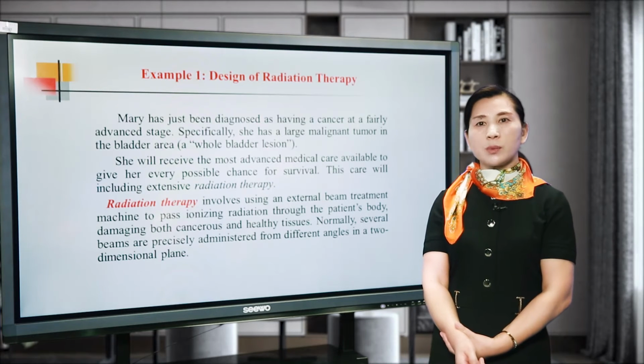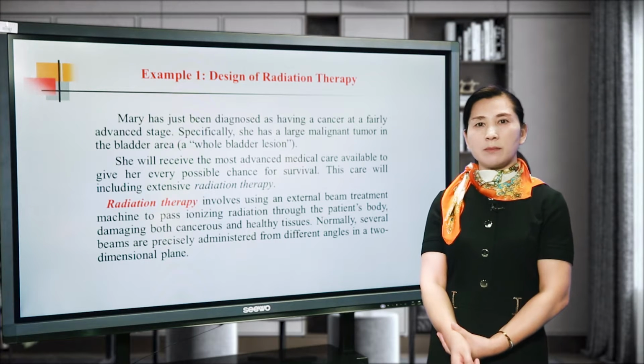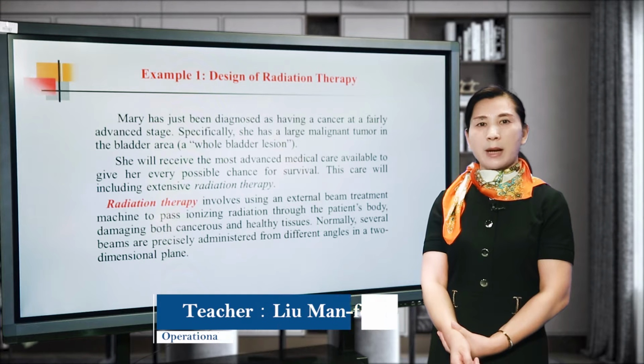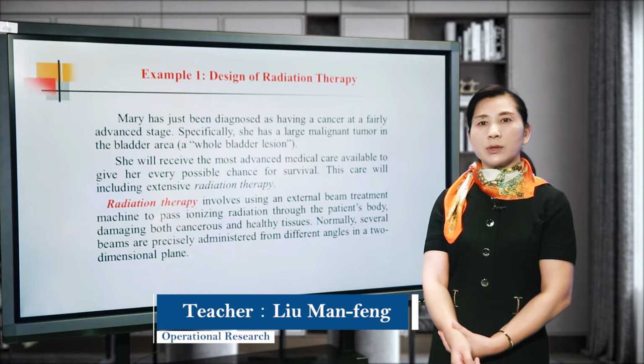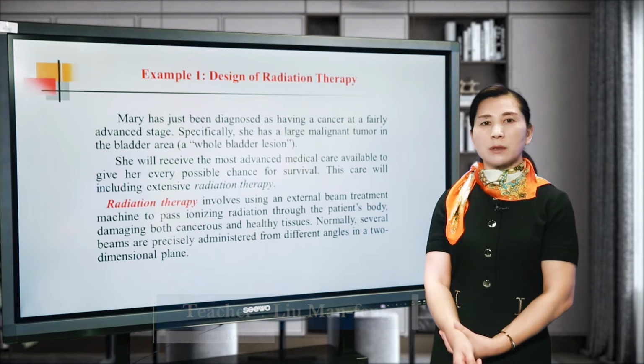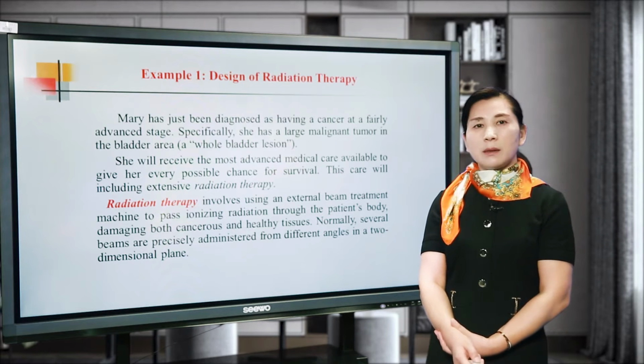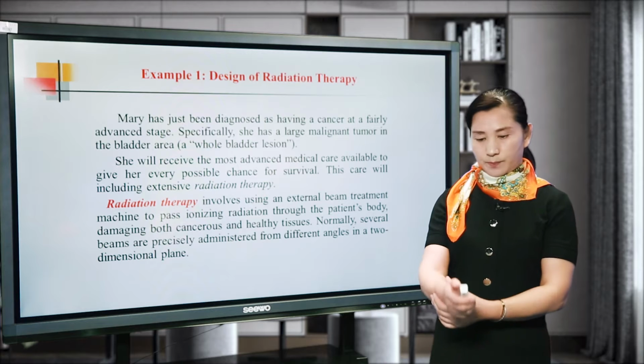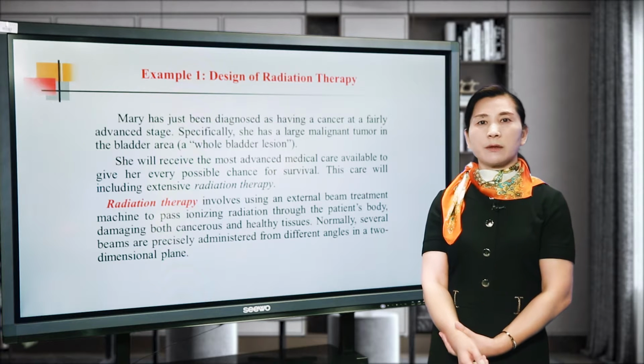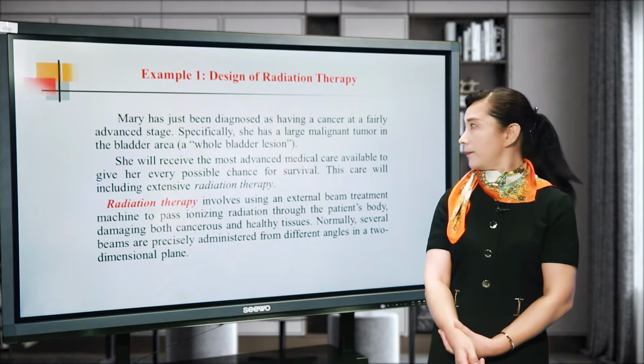Radiation therapy involves using an external beam treatment machine to pass ionizing radiation through the patient's body, damaging both cancerous and healthy tissues. Normally, several beams are administered from different angles in a two-dimensional plane.